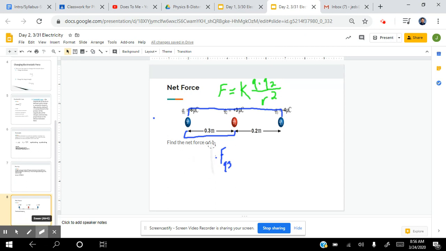Okay, so I'm going to erase some of this. So let's first figure out what is the force between Q1 and Q2. I'm just going to call it force of Q2, and what we're really saying there is it's the force of Q2 on Q1. So how much force is either attracting or repelling Q1?